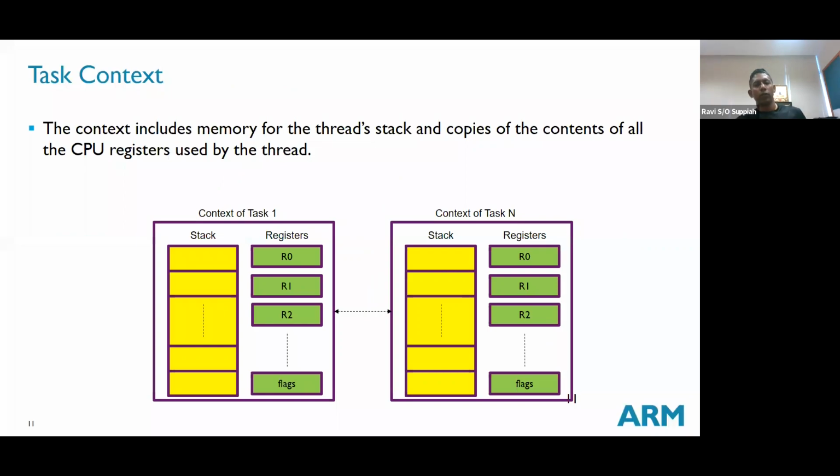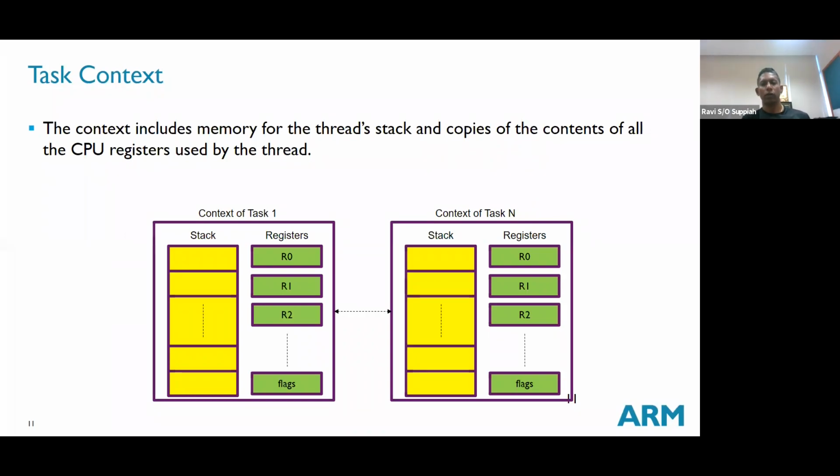When you create a task, it has a context. The context is a copy of the entire memory of the stack information, the registers, everything that the task was doing at that point in time.